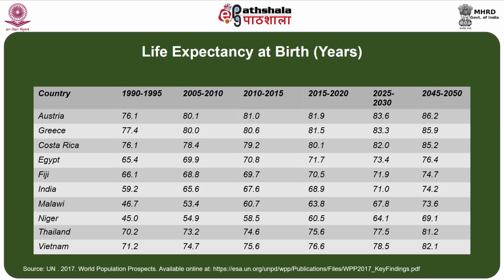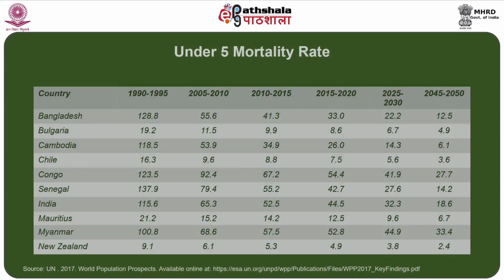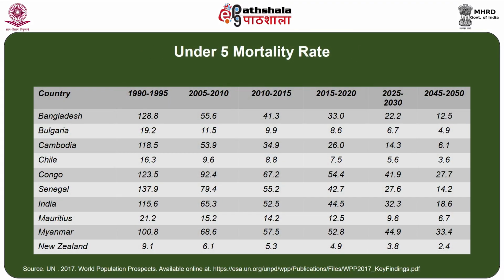Coming to India, which had a life expectancy of only 59.2 years in 1990 to 95, it increased to 67.6 years during the period 2010-2015, and the projection shows clearly that life expectancy is going to increase to as high as 71 in 2025 to 2030.